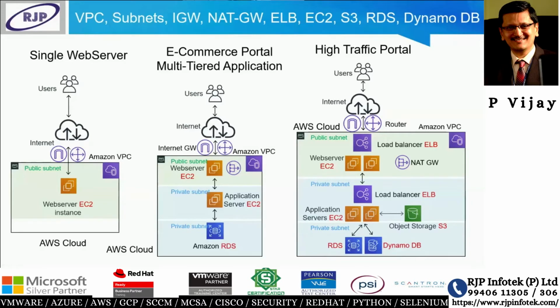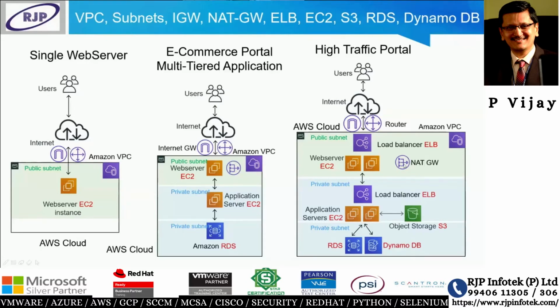Okay. Now if I want to run some downloads on this application server or the database, then these need to access the internet. The internet users will not be able to access them, but these components must be able to download stuff from the internet, so I will give separate, exclusive access to the internet through something called the NAT gateway.